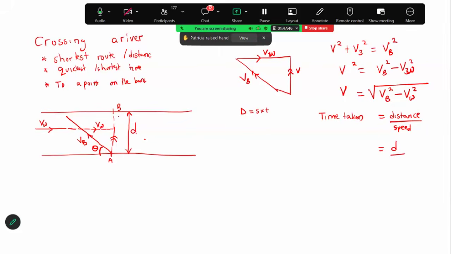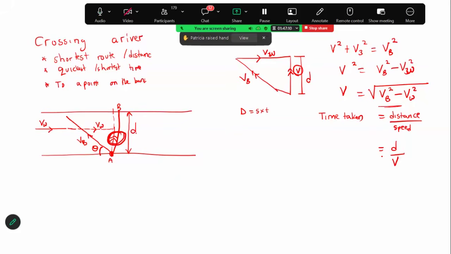You always look out for the speed along the distance you want to cross. So here we shall divide by this resultant v, because this is the distance we want to cross. So here you say d divided by v. Hope that one is very okay.